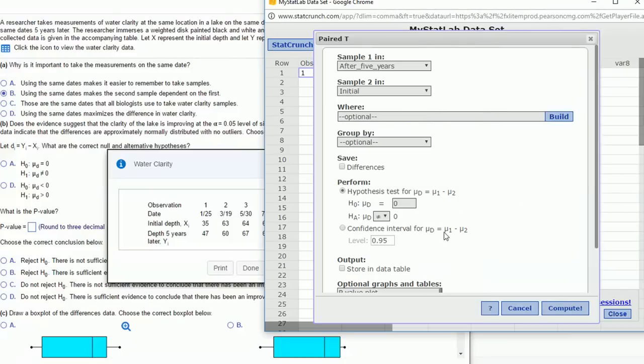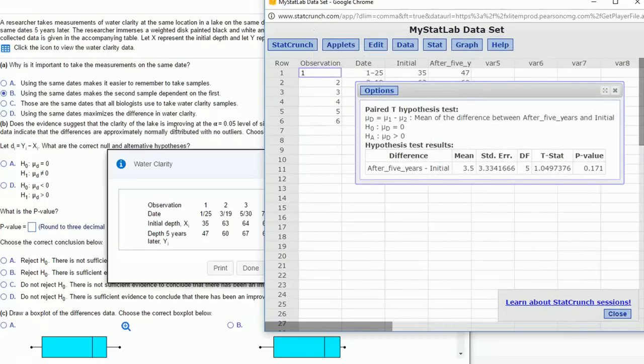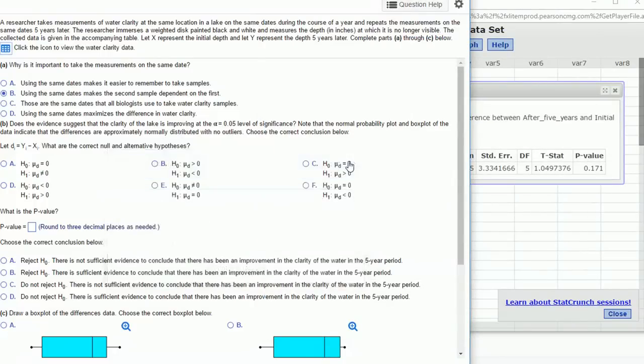So that would be greater than for the alternative hypothesis. Let's compute that. So for the null, mu d equals 0. For the alternative, mu d greater than 0. That's what I just said.